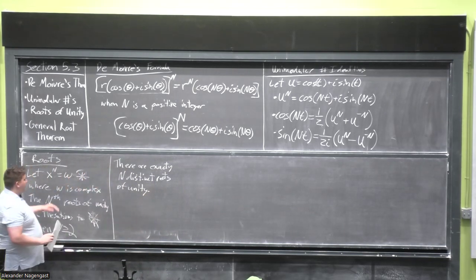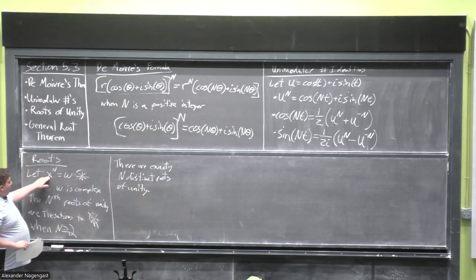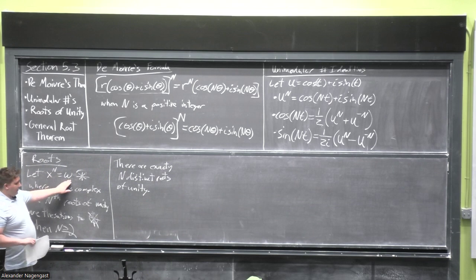Meaning I'm going to have n unique solutions, unique ways of writing x that result in omega.